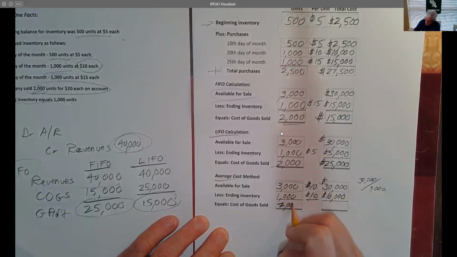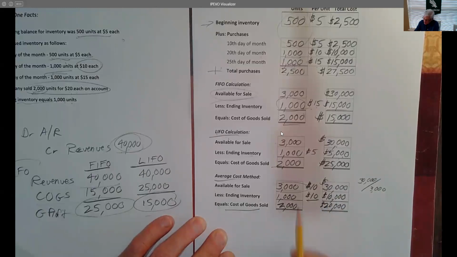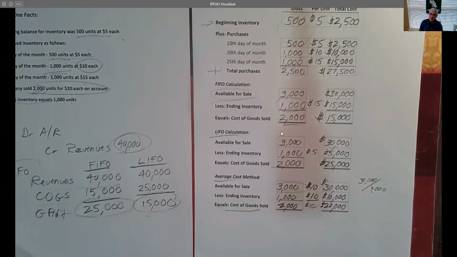We sold 2,000 units. 30,000 minus 10,000 is $20,000 in cost of goods sold. Guess what? Hey, they're both valued at $10, 20,000. That makes sense, right? And so there's all three methods for valuing inventory.